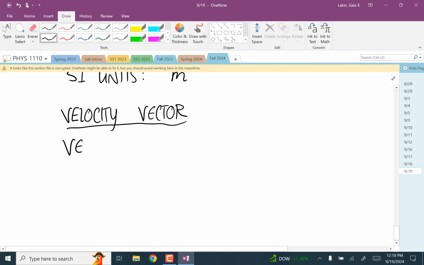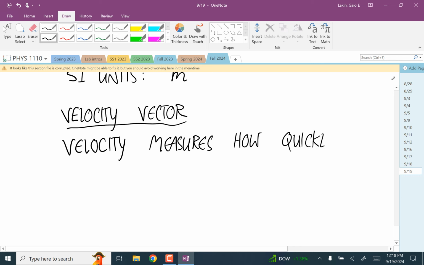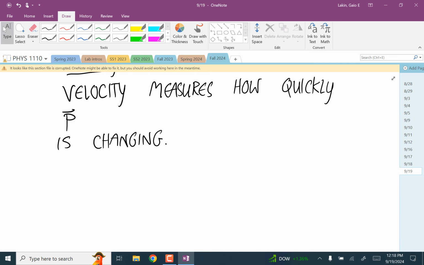Velocity, just like it did in 1D, measures how quickly the position vector is changing. What that means is if you have a velocity vector of 0, 0, the position is just staying the same.